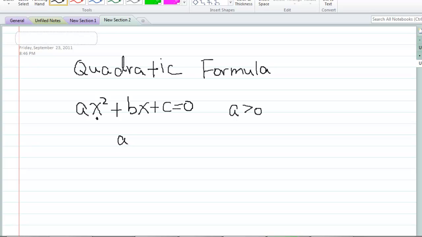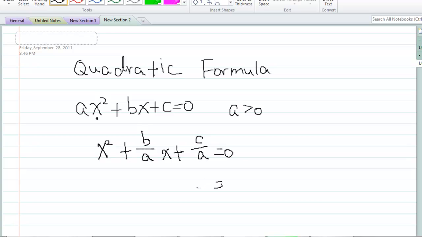First, we have to make sure the coefficient in front of x squared goes to 1. That means a goes to 1. By doing that, we have to divide both sides of this equation by a, giving x squared plus b over a x plus c over a equals 0.